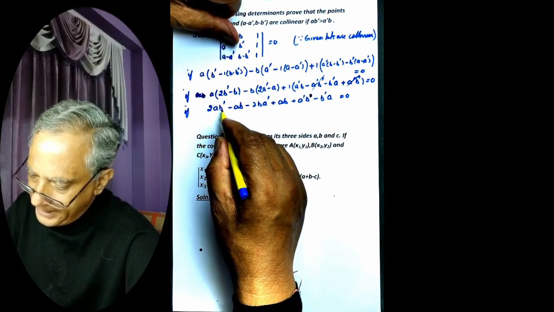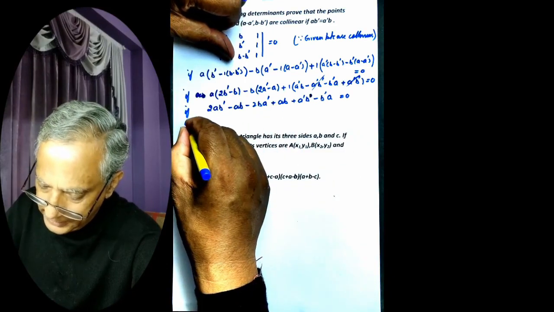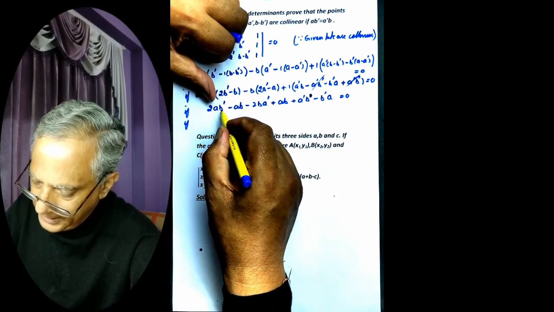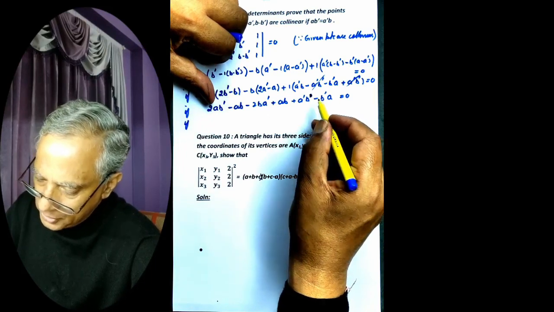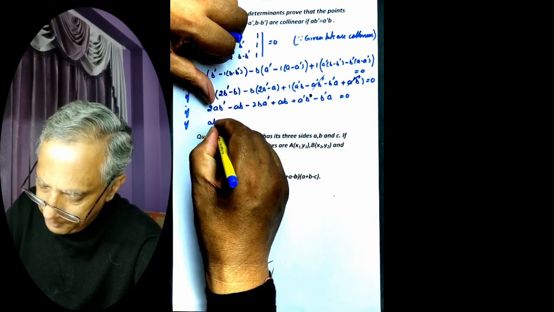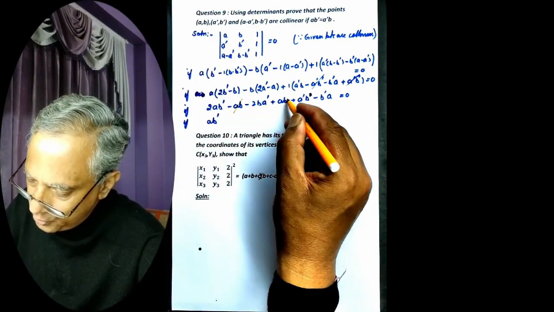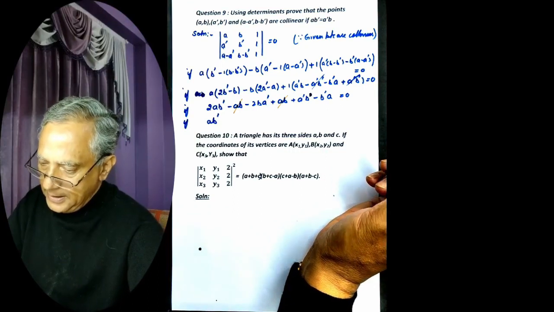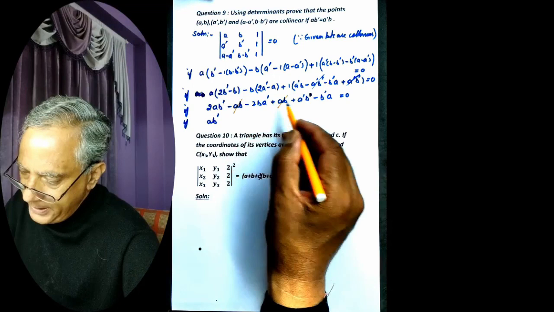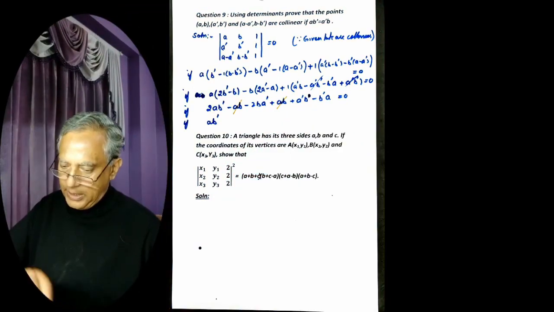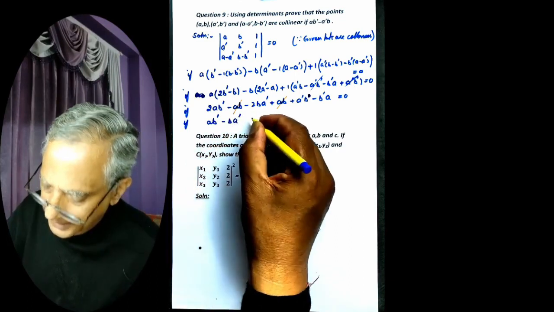Now 2AB dash, AB dash. So we are left with AB dash, 2AB dash minus this AB dash. So we are left with AB dash, and this cancels with this, and we have 2BA dash, 2BA dash and BA dash. We are left with minus BA dash.